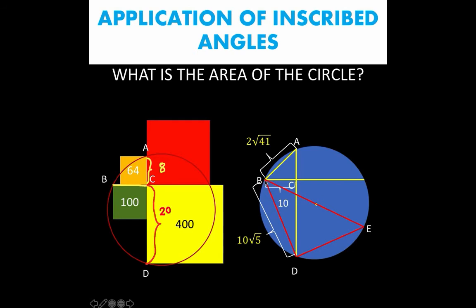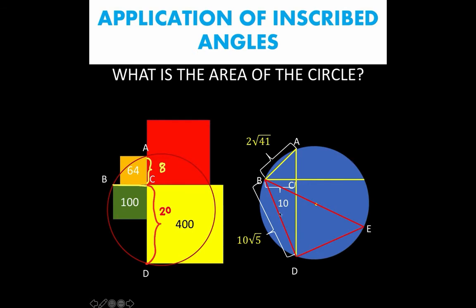Since segment BE passes through the center, then this segment BE is the longest chord, or a diameter of circle O. This means that our circle is now divided into two semicircles. Each half of the circle measures 180 degrees.